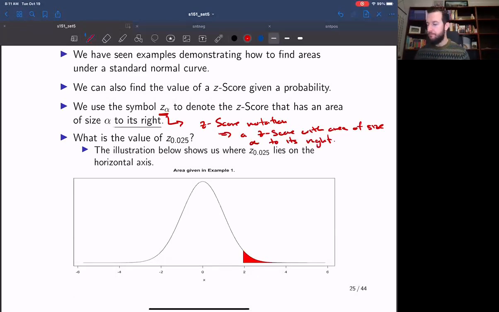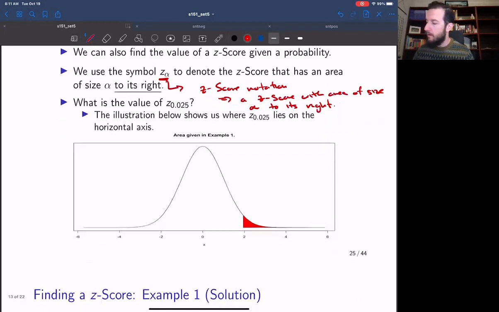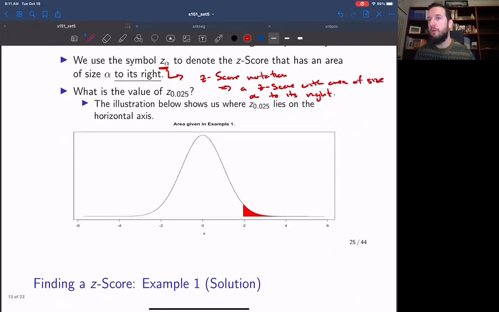So for example, suppose that we have z subscript 0.025. Z subscript 0.025 is the z-score that puts an area of 0.025 to its right. Okay, so in the diagram below, this barrier here would be z subscript 0.025, such that this red shaded part here is a size of 0.025.